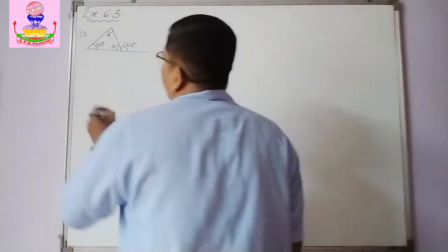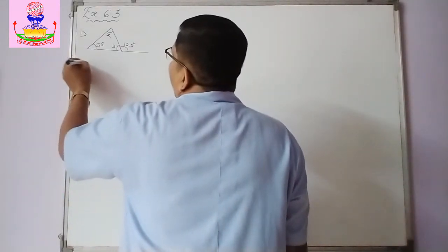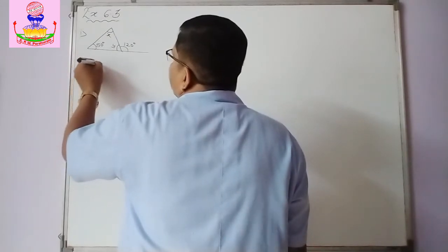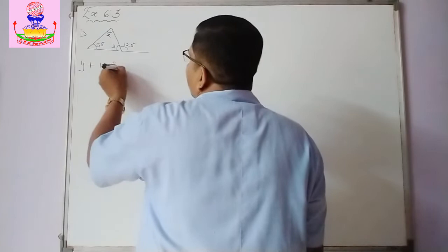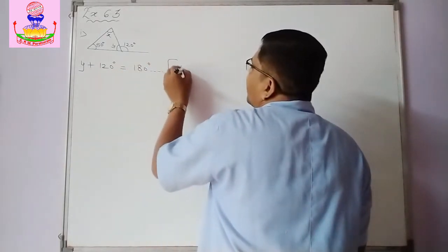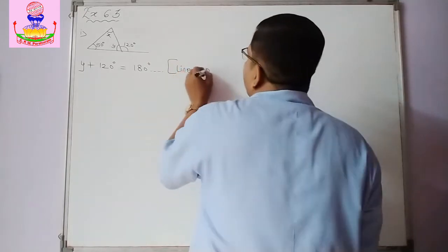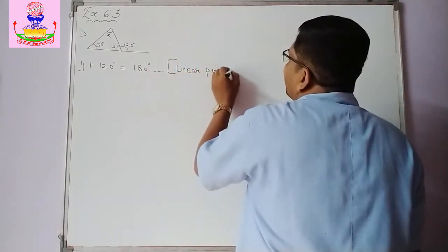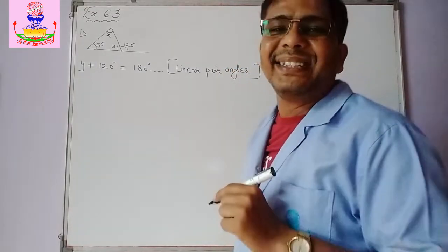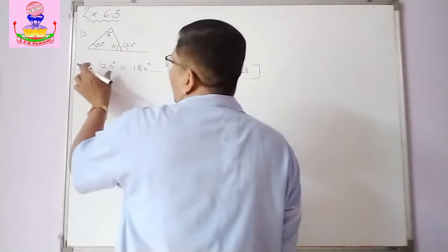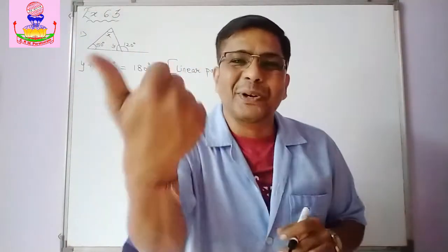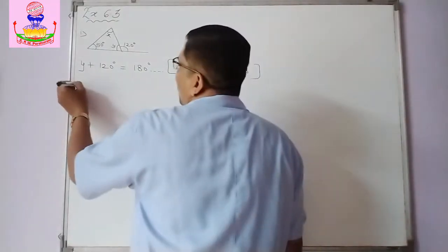Now, here I can say it like this. y plus 120 degree is equal to 180 degree. y and 120 are linear pair angles, and the sum of linear pair angles is always 180. That we know, right? Now I don't want this 120, so bring this to this side, transposing.